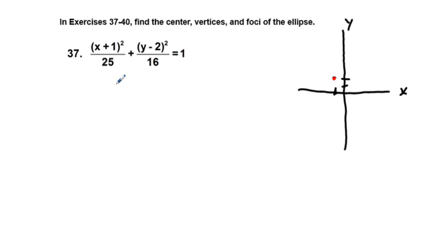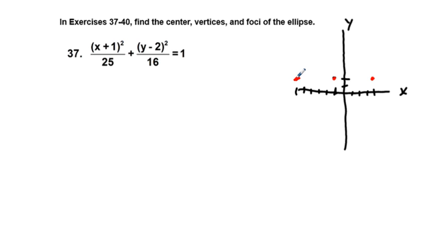And our semi-major axis is going to be the square root of 25, which is 5. So if we go to the right, 1, 2, 3, 4, 5, there's our right endpoint. And we go to the left 5 from our ellipse center at -1, 1, 2, 3, 4, 5. And so we have our other endpoint.